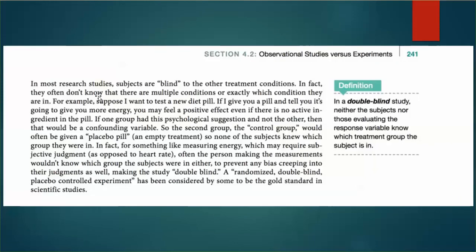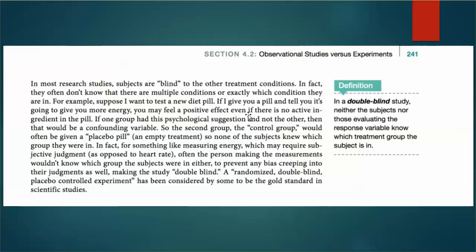All right. There's one last thing, the idea of double blind. If the subjects don't know that they're using the internet and the other people aren't, that would be blind, which is good, because they might behave differently if you told them ahead of time, well, you guys are using the internet and the other people aren't, and we're trying to figure out if you guys are lying or not. We don't want to do that. In a double blind, neither the subjects nor those evaluating the response know what was happening.